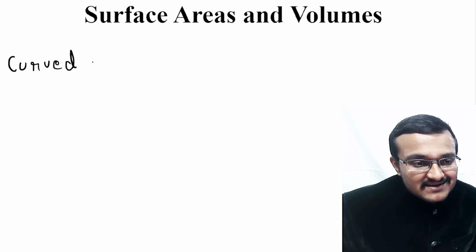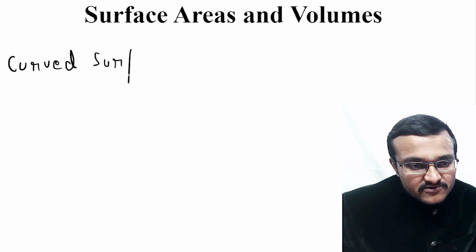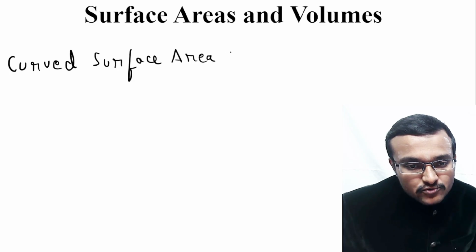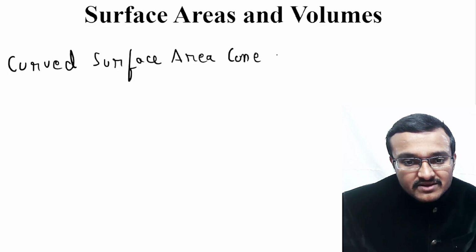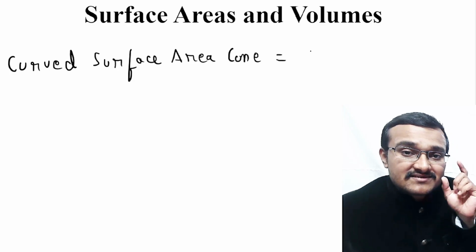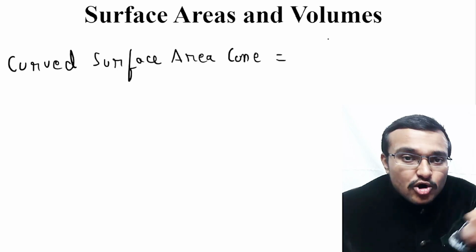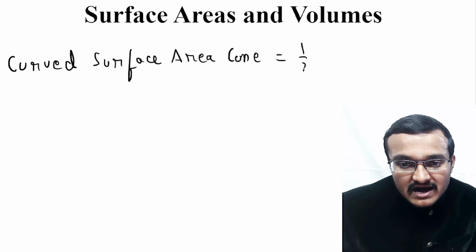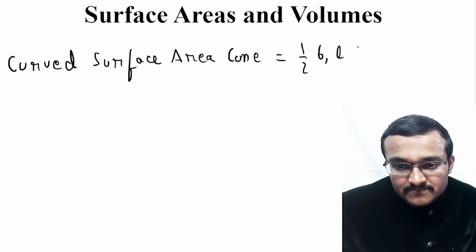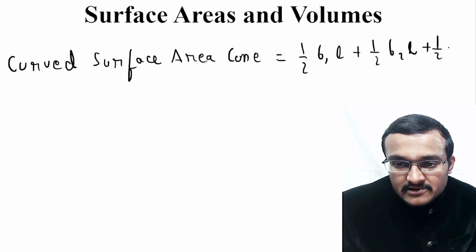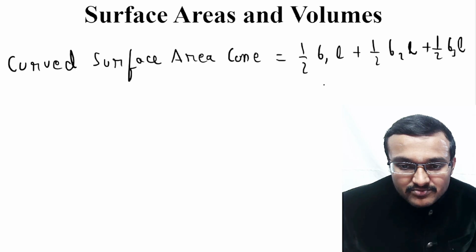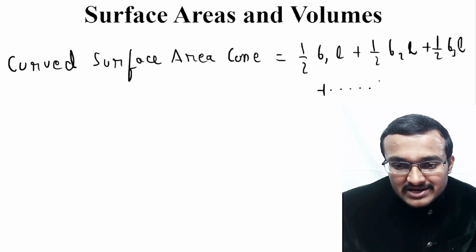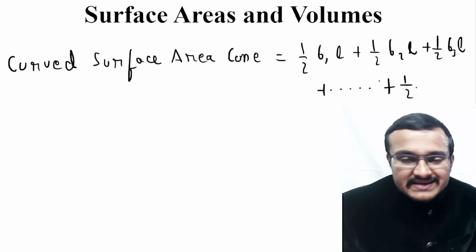Now if you want to calculate the curved surface area of this cone, you have to add the individual areas of all the triangles, that is half B1 into L plus half B2 into L plus half B3 into L, and it goes on up to, let's say, n triangles.